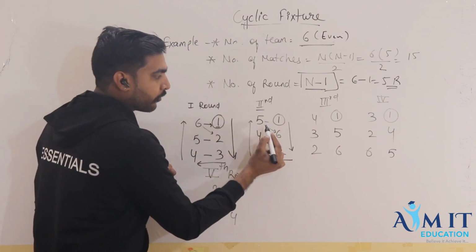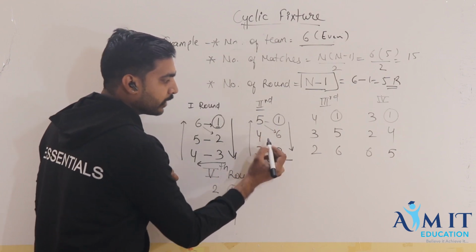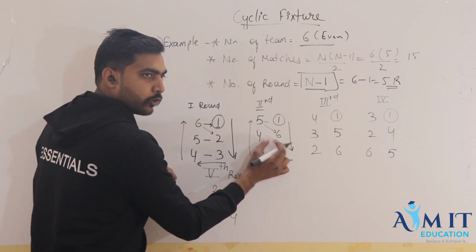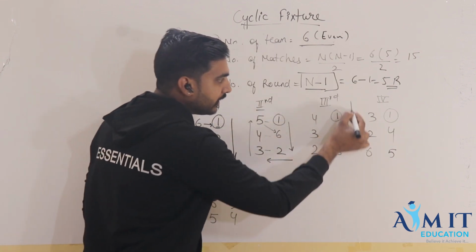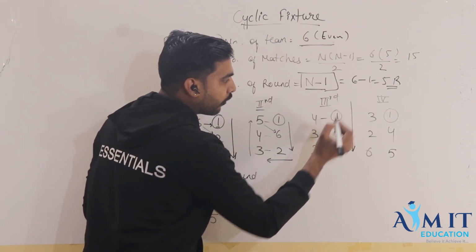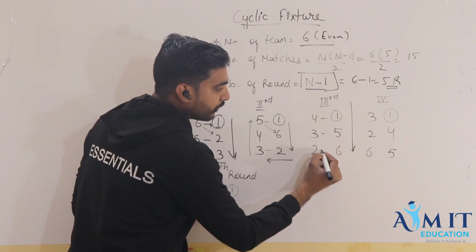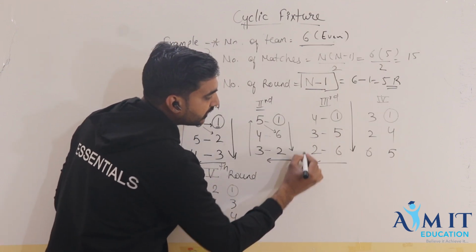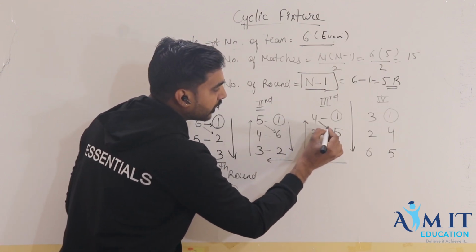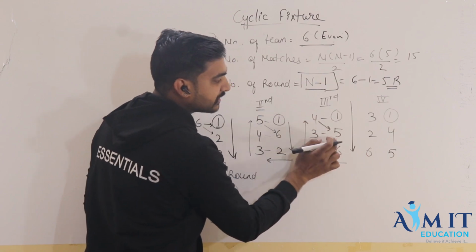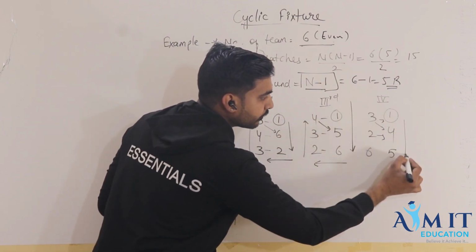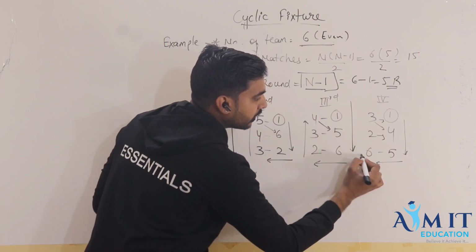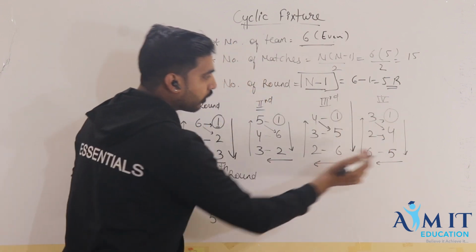In the second round, the first match is 5 versus 1, second match 4 versus 6, third match 3 versus 2. Similarly, in the next round, 4 versus 1, 3 versus 5, 2 versus 6, and the teams rotate in which direction? Clockwise direction. 4 comes at the place of 5. You can see here. This is round number 4.